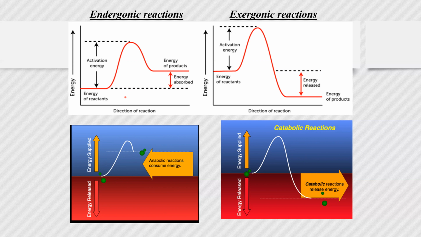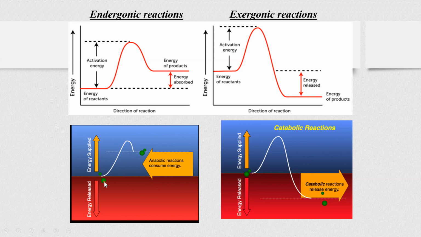You may ask, why do those products have more energy? Because energy was absorbed. Energy was transformed into the chemical energy of these bonds, and now it's inside this product, right? In biology, as we said, it's an anabolic reaction.